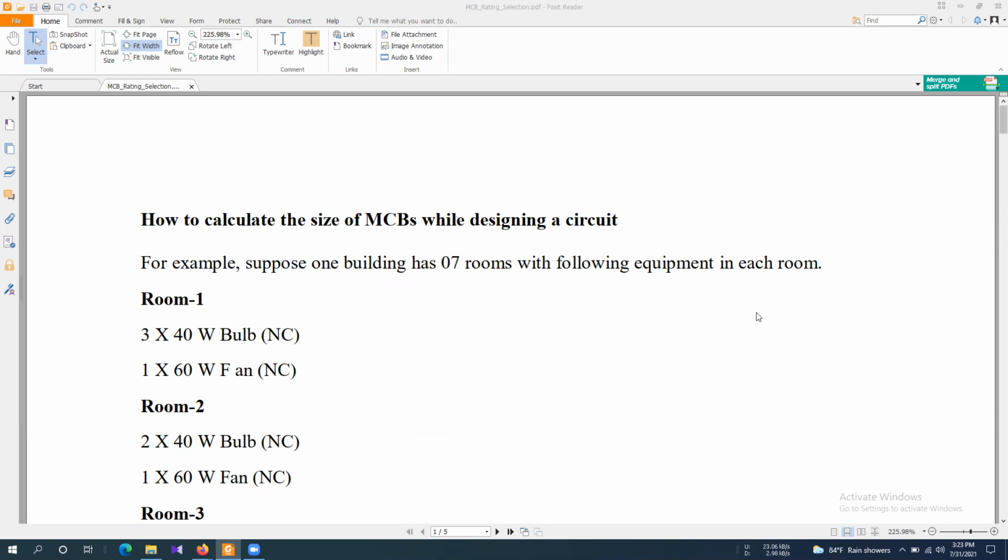Okay, so let's start. In order to select the proper rating of the MCB, the first thing you need to do is calculate your loads.